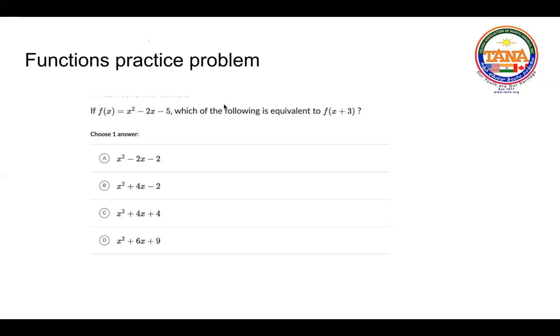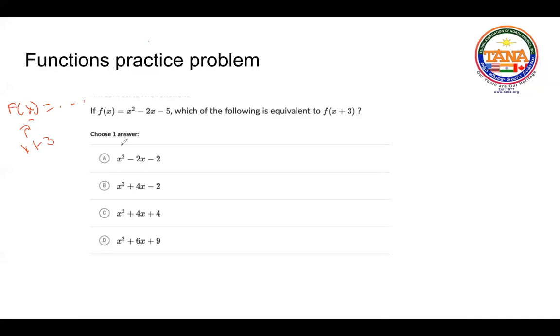All right, what did you guys get as your answer? You guys should have gotten B as your answer, and I'll explain why right now. For this question, you have f of x is blah, blah, blah. What you want to do is replace whatever x is with x plus 3.